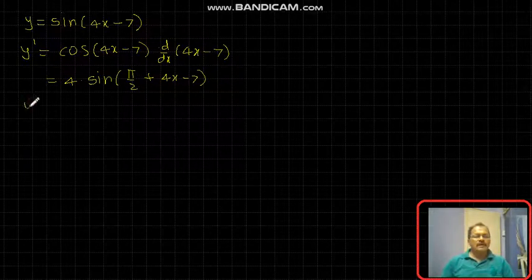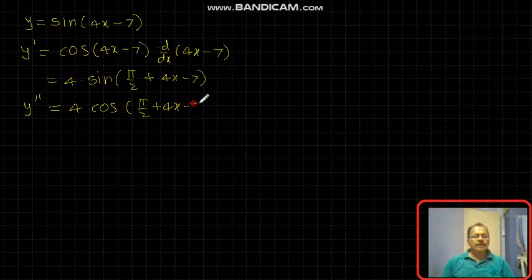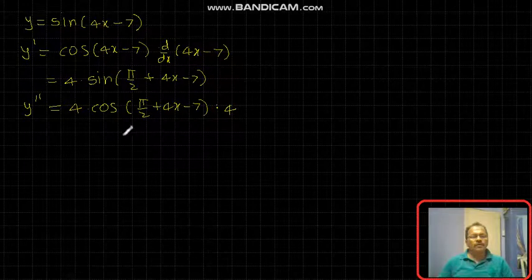The second derivative is y''. 4 into the derivative of sine, which is cos(π/2 + 4x − 7), into the derivative of (π/2 + 4x − 7), which is 4. So 4 into 4 is 4² into, again, cos means sin(π/2 + θ).